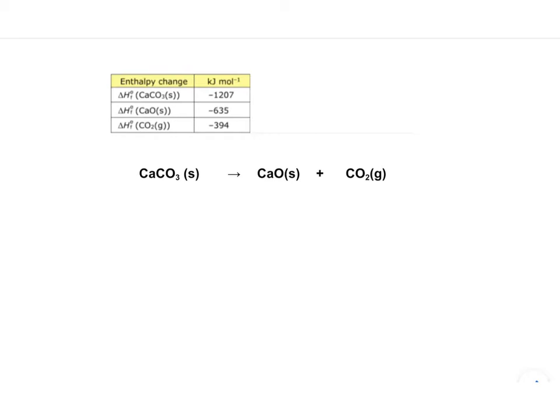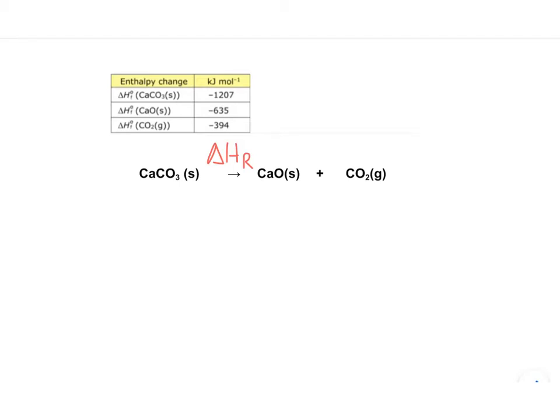Now if we look at the first example, we're asked to work out the enthalpy of reaction for the thermal decomposition of calcium carbonate using the enthalpies of formation provided in the table. So we want to work out this delta HR. It's not a definition that we have to learn, it's just the enthalpy change for this reaction, which is a decomposition reaction.